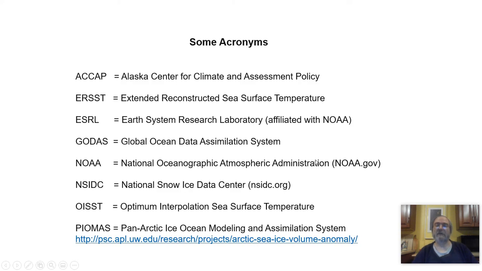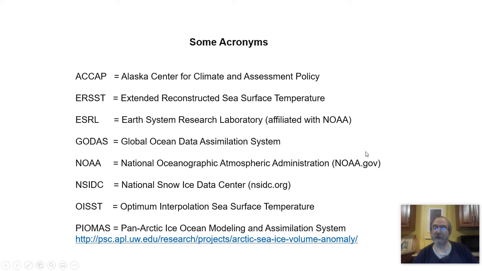Okay, first of all, let's go through some acronyms because we'll be seeing a lot of them. You have ACCAP, which is for climate and assessment policy. You have ERSST. SST is sea surface temperature, extended reconstructed sea surface temperature. ESRL is Earth System Research Lab, affiliated with NOAA. GODAS, Global Ocean Data Assimilation System. Then, of course, there's NOAA, the National Oceanographic Atmospheric Administration.